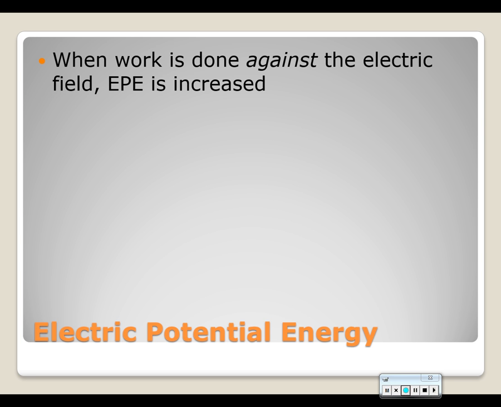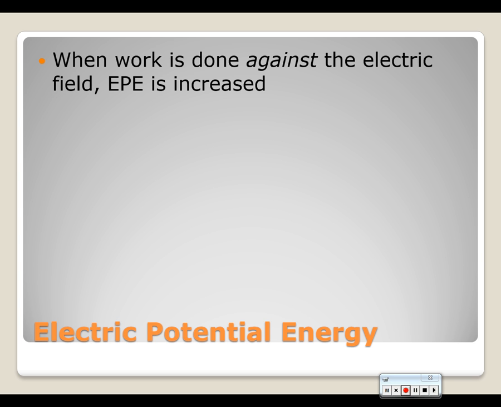So, when work is done against the electric field, electric potential energy is increased. Okay? Did I leave you guys a space to write this? I should have left you a space to write this. This is probably something you need to know. When work is done against the electric field, electric potential energy is increased.